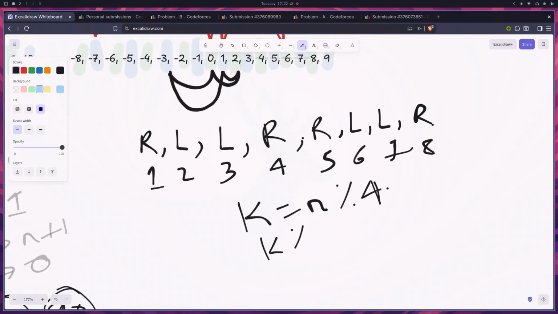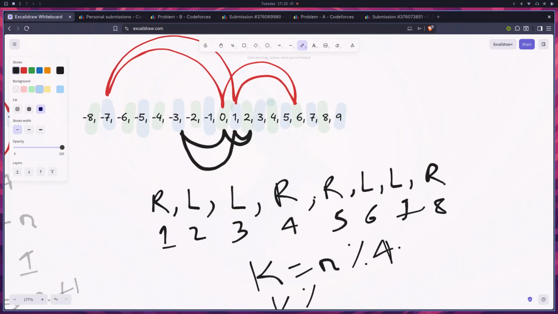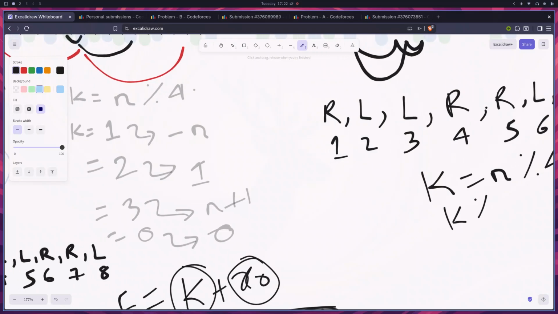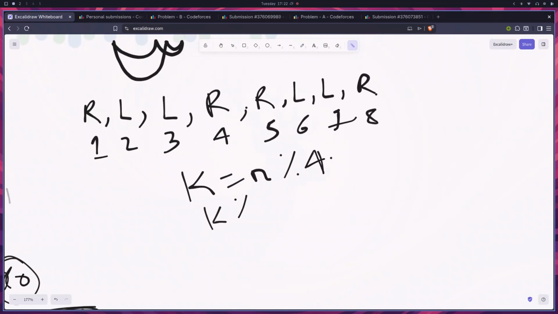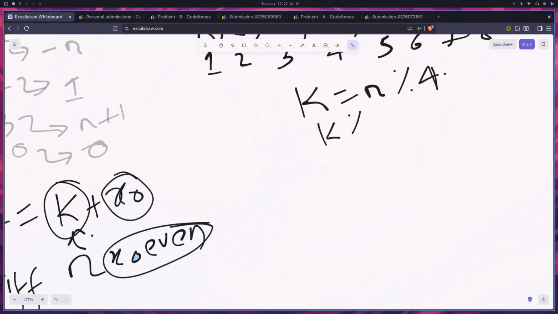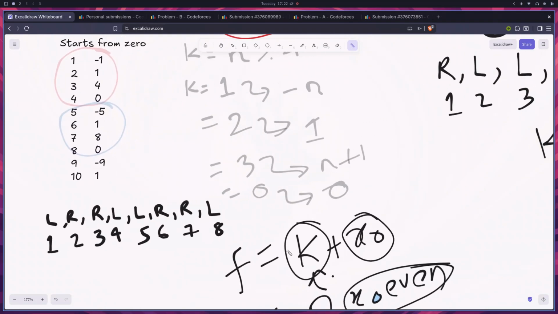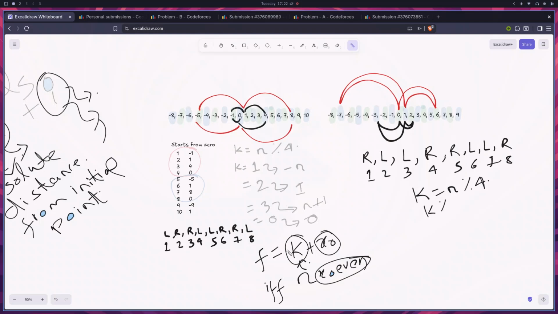Just remove the numbers, and it will be the same, like n plus 1, minus n, 0 and 1. Just like how it was here, these values will also be there. But in this case, as it is the mirror image, left, right, right, left has been converted to right, left, left, right, where the distance remains the same.